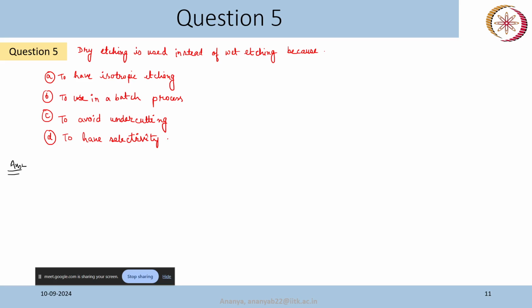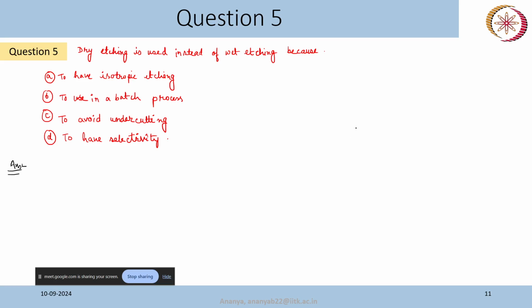I have mentioned that selectivity is good in case of chemical etching, that is wet etching, because certain chemicals will react with the certain chemical composition of the material, and that will achieve it. Whereas the directionality is good in case of dry etching.